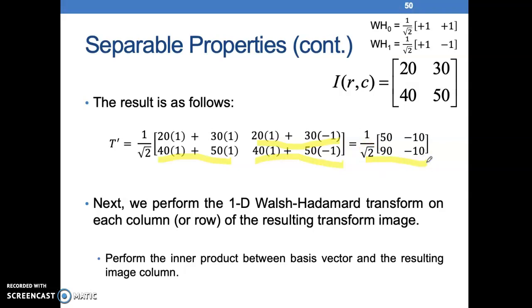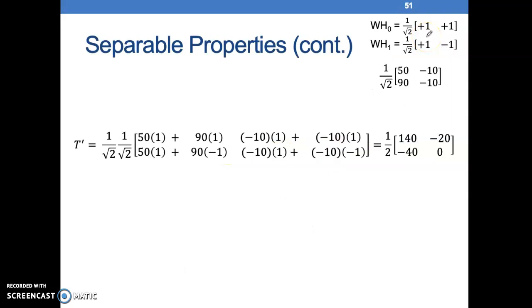So in separable properties, you have to do both: first row, followed by column. For the output from this, you apply the same basis vector, but column-wise.